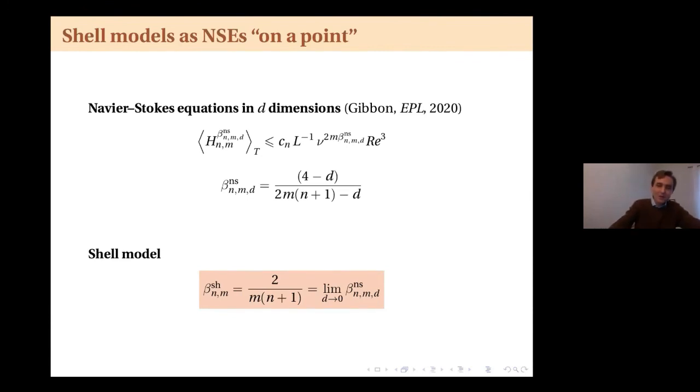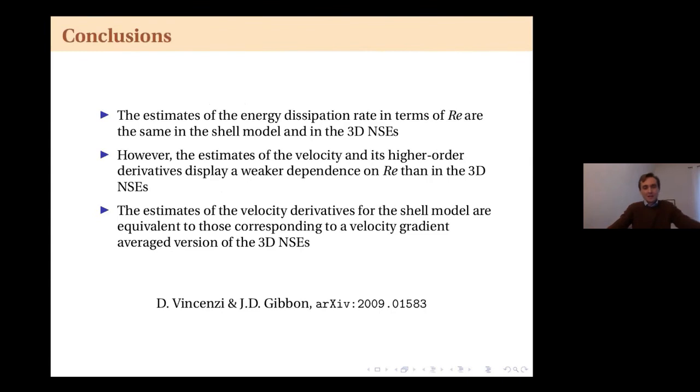So I'll come now to the conclusions. The main message in this talk was that the shell model and the 3D Navier-Stokes equations have the same Reynolds number dependence at the level of the energy dissipation rate, but the dependence is much weaker for the shell model when we move to higher order derivatives of the velocity, or moments of these quantities, or just moments of the velocity.